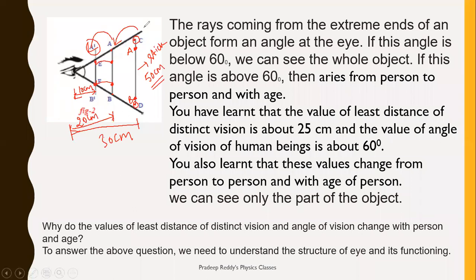Therefore, the rays come from the extreme ends of an object at an angle at the eye. If this angle is below 60 degrees, we can see the whole object. If this angle is above 60 degrees, then it varies from person to person with age. Of course, the angle of vision is 60 degrees.